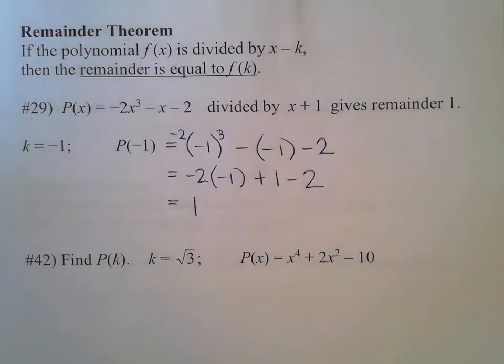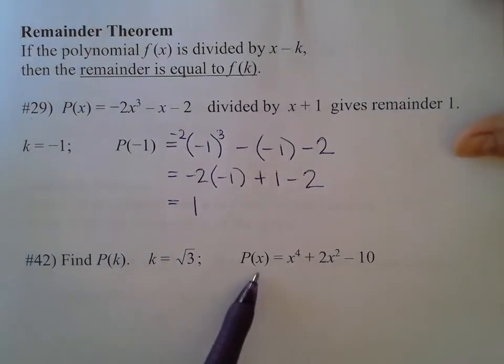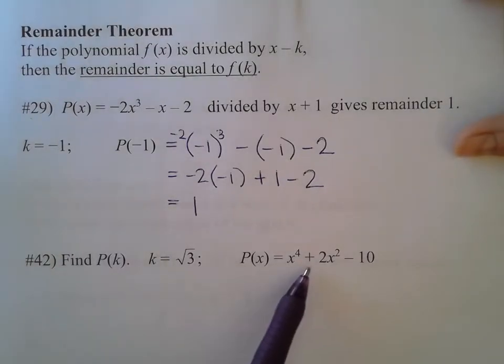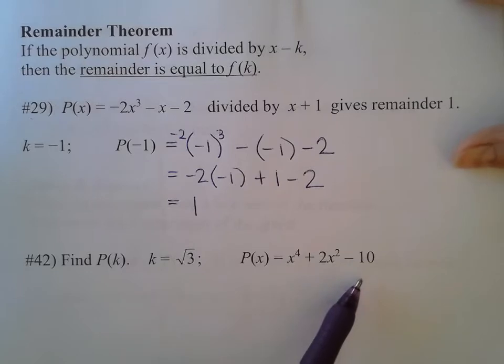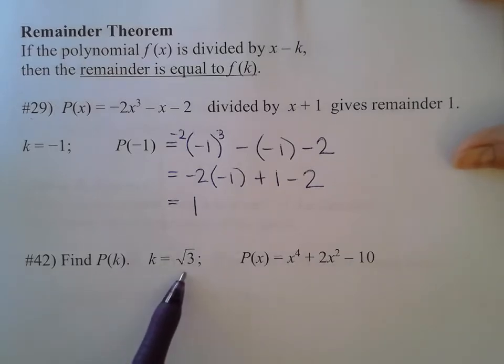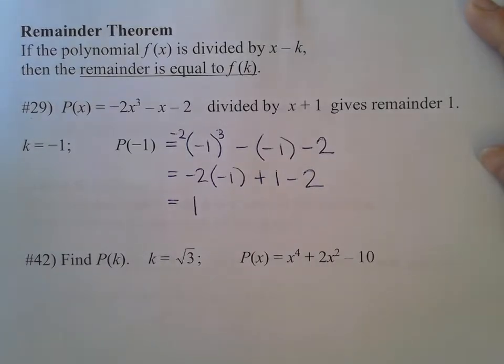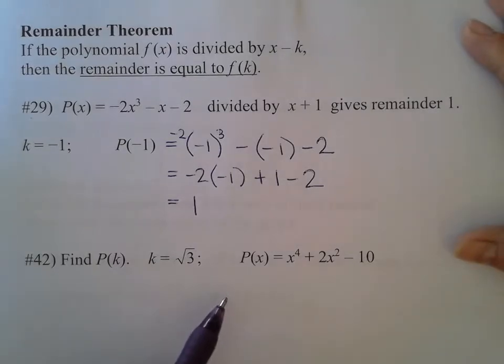So let's try it out one more time. This is number 42 from your book. Here's the polynomial, x to the 4th plus 2x squared minus 10. K is the square root of 3. And we're going to use the synthetic division to find the value of p when we plug in x to be the square root of 3.